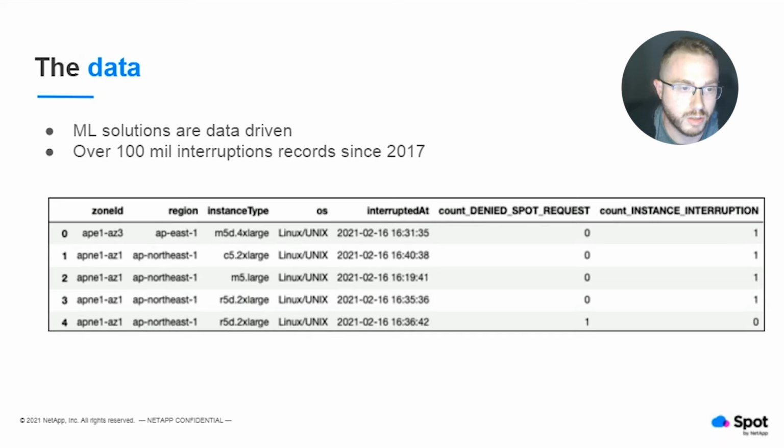It looks something like that. This is a small batch. It can tell you a specific market and that at a specific time an instance interruption occurred or a denied Spot request occurred. So we have data about how markets behaved years back.